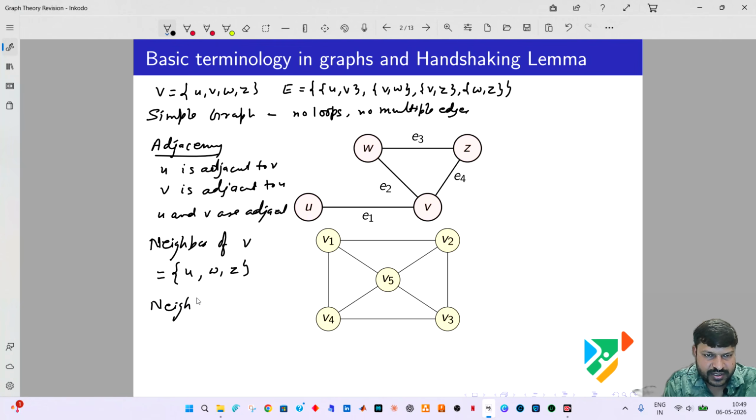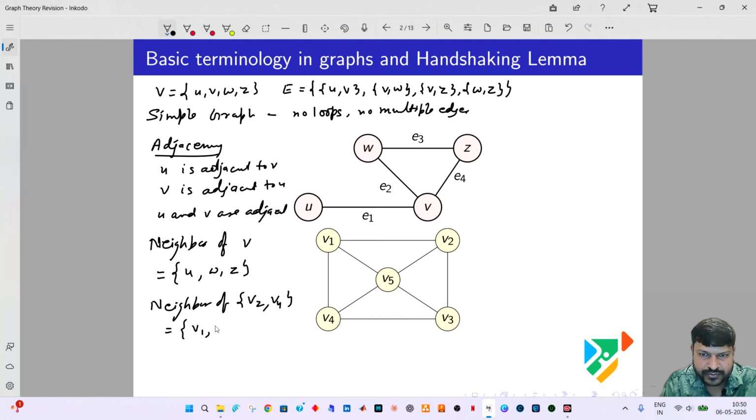In other words, the neighbor of, suppose you take the collection of V2 and V4. What is the collection of all vertices which are adjacent to V2 or V4 or both? So what are the vertices adjacent to V2?